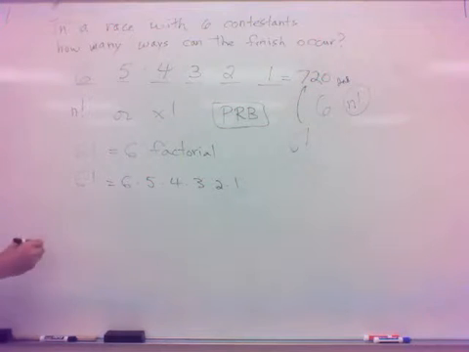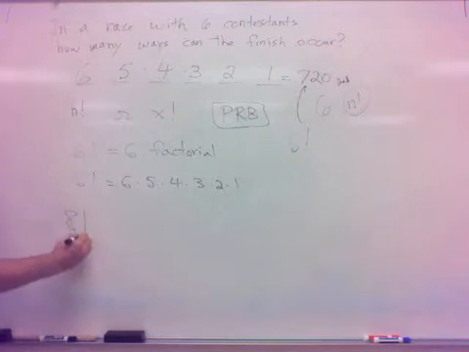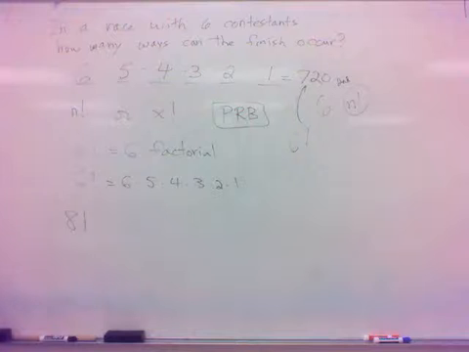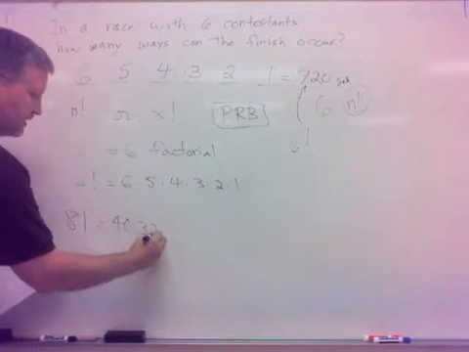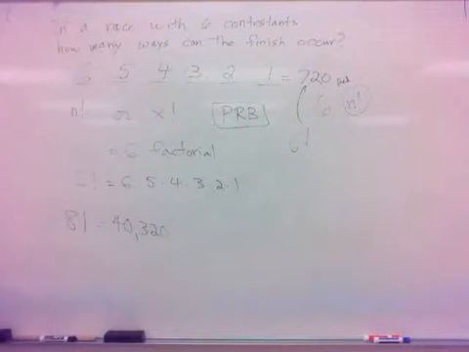So what do you get if you do 8 factorial? Is it 40,000 something? Yeah, 40,320. Now what you've done there is you've calculated what product?